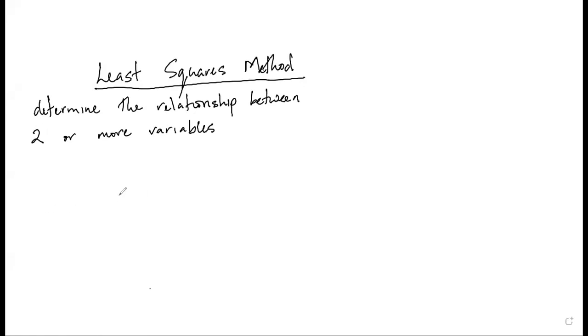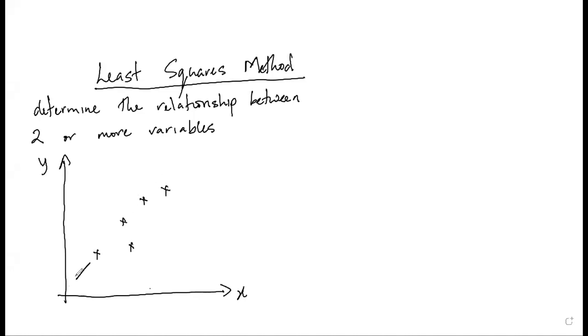We know that if you're given a finding a straight line between two variables, then the least square method is used to find the best straight line.